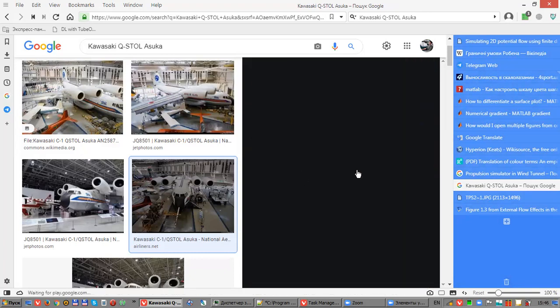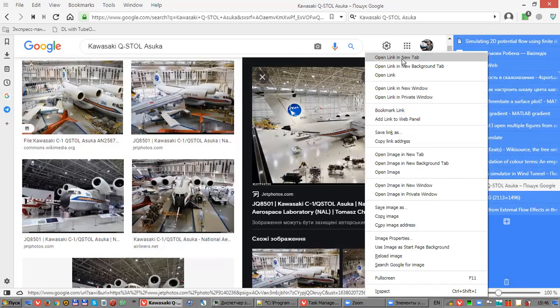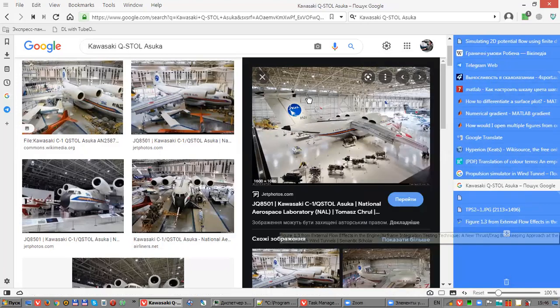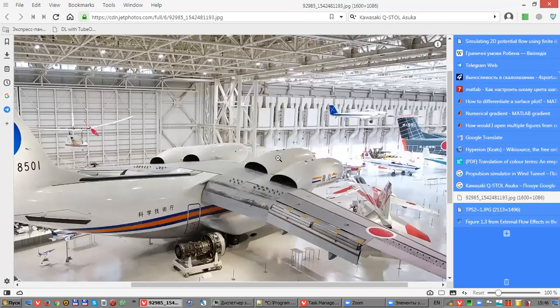And this is the rear part of the aircraft. Maybe I can put it full screen. Yes, this aircraft, and you see the jet exhaust nozzle, very wide and not so tall.